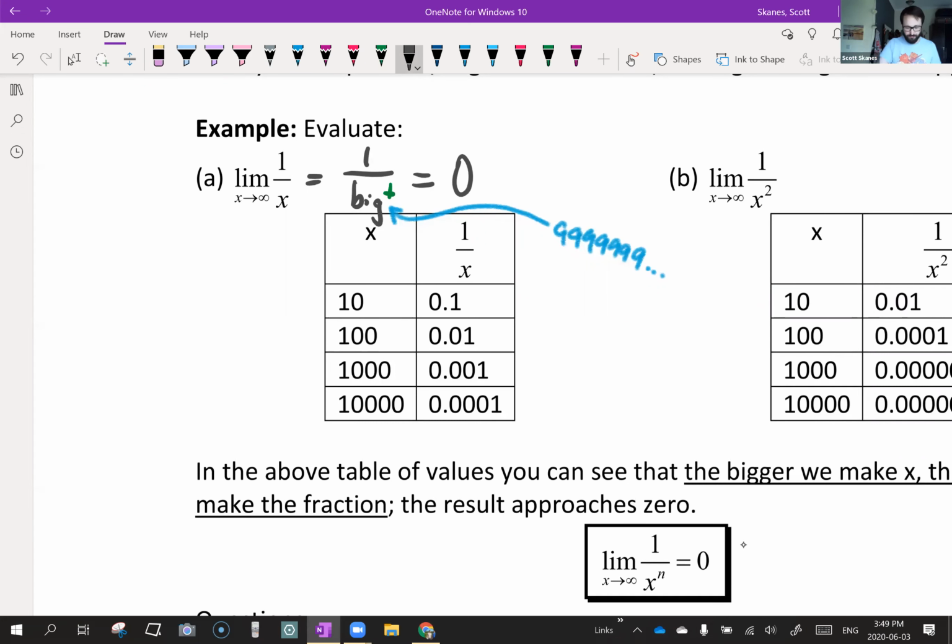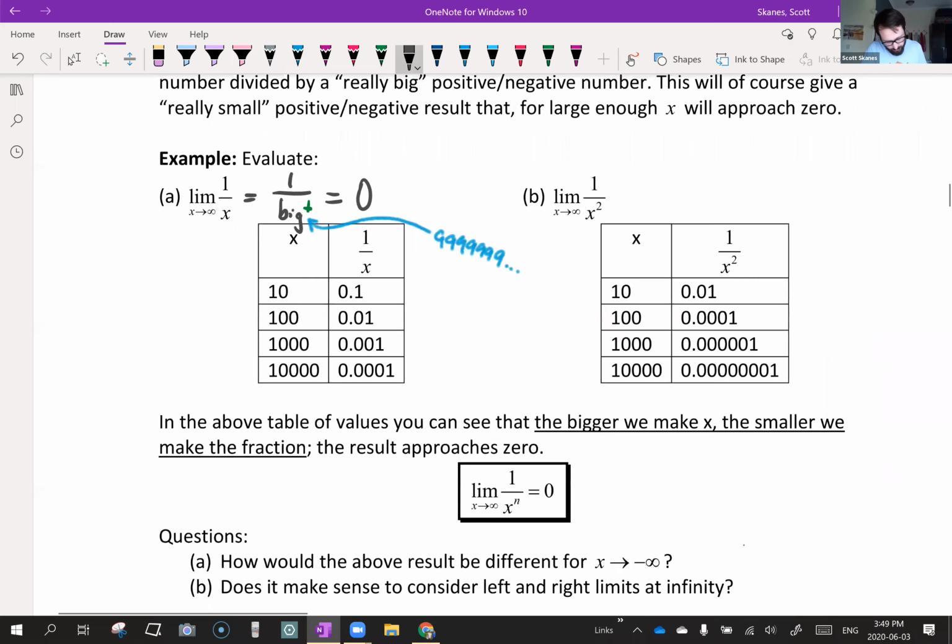It goes to 0. Let's do the same thing with x squared. With x squared over here on the right, it's still 1 over some big positive number. We're just squaring it, so it's even more 0-ish. So it's still 0, right? If you were dividing by 10 squared, you get this answer.